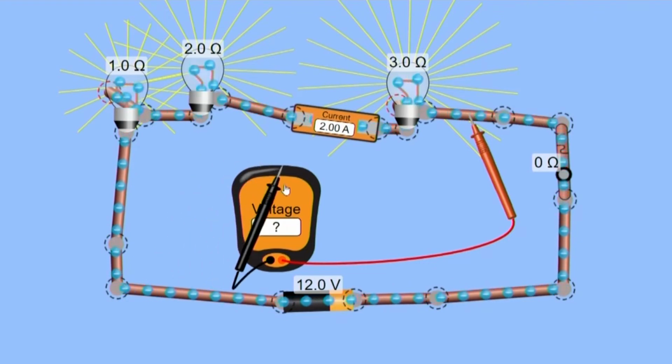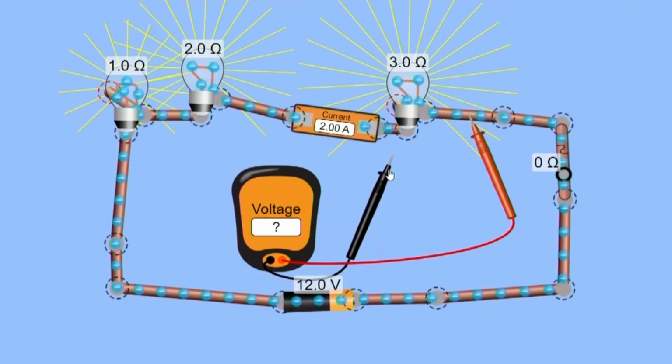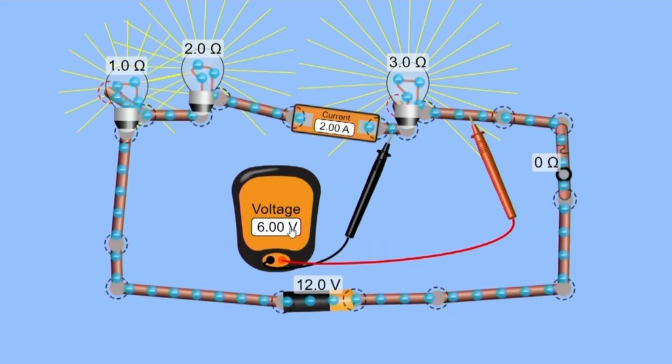In the same way, at the 3 ohm resistor, the current is 2 ampere and the resistance is 3 ohm, therefore 2 into 3, by Ohm's law we get the potential difference equal to 6 volt, as you can see in the voltmeter.